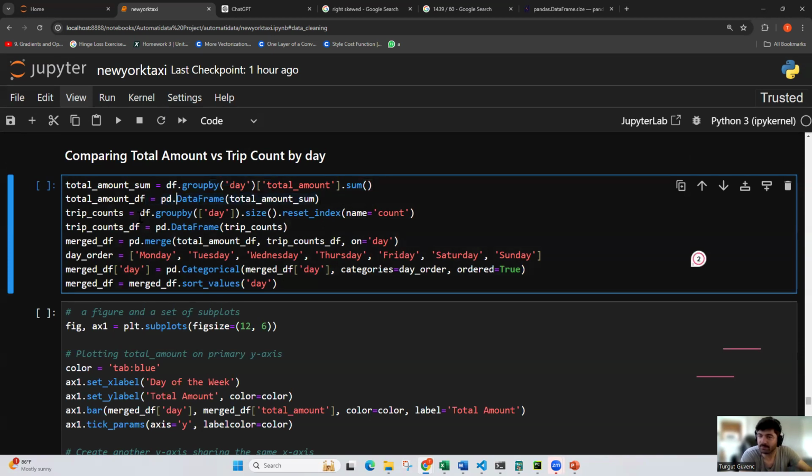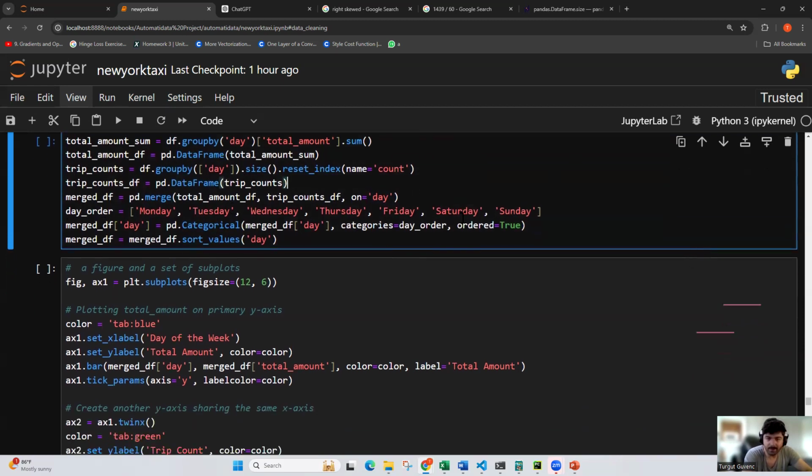After that, I will get a different calculation for the day, and then I'm going to merge them, right? Group by size, I already explained this one. It will give us a day, and make it a data frame. And what I'm doing here is merging these two, what we did before and the previous visualization, using day on day, okay?